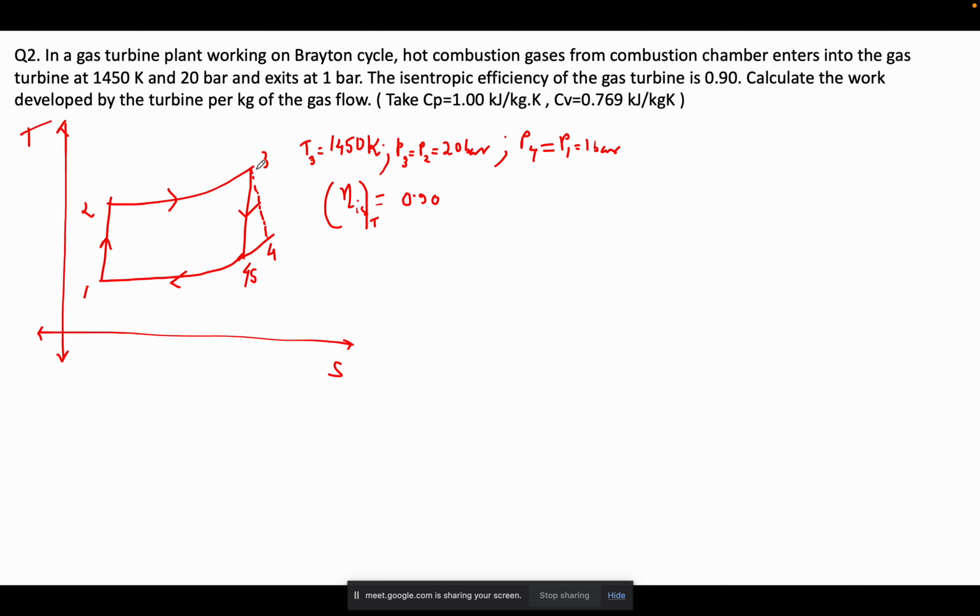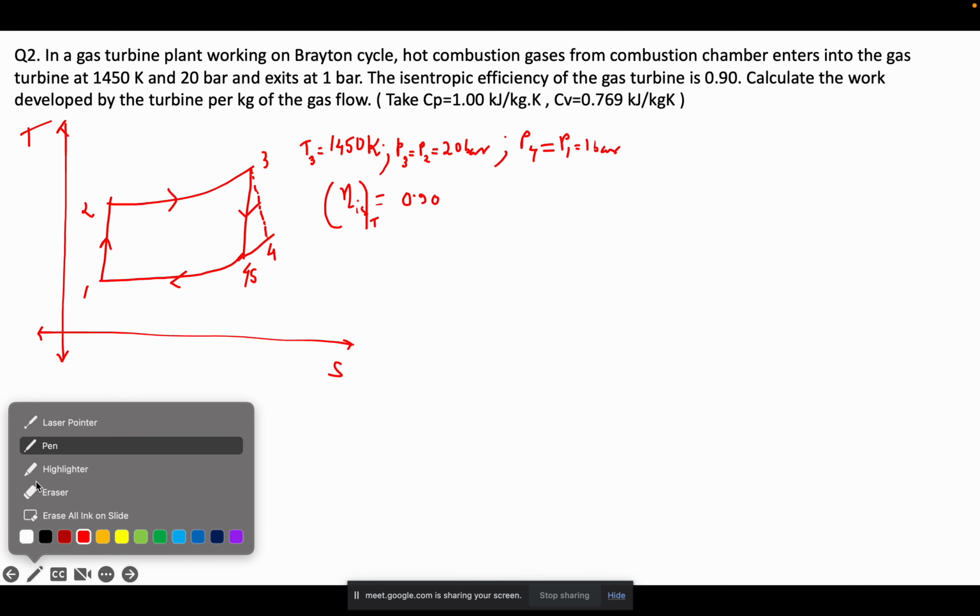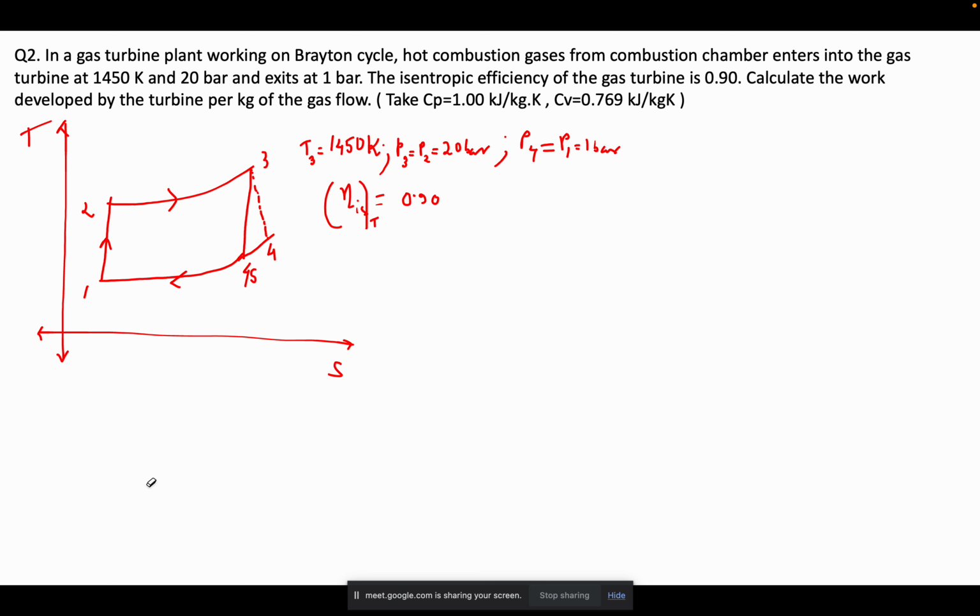If it had gone through an isentropic process, it would have reached 4s, but it is a non-reversible process, so my process is this one, reaching point 4. In the earlier case it went directly this way, but now it is only 90% isentropic, so it has some bend. The entropy decrease is not the total amount it should have been.